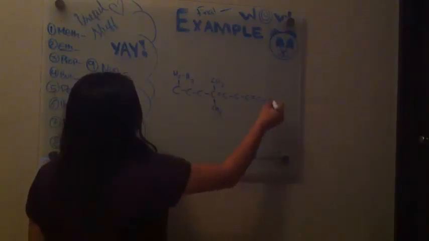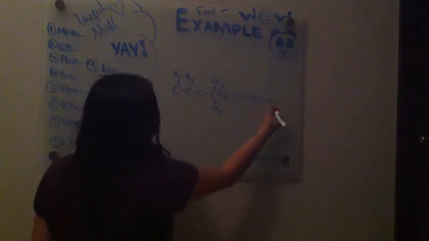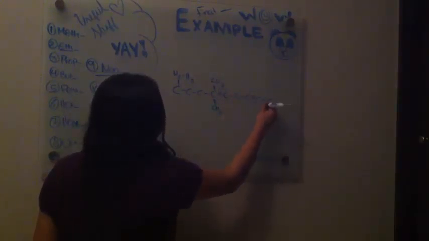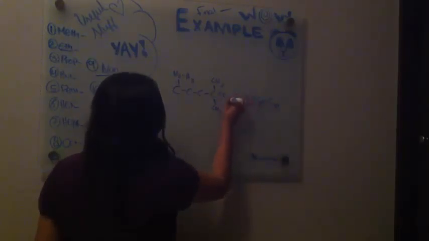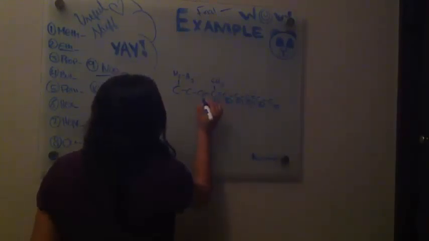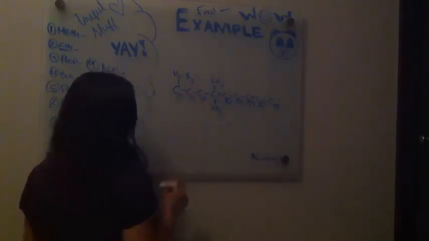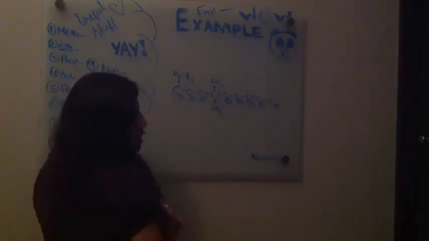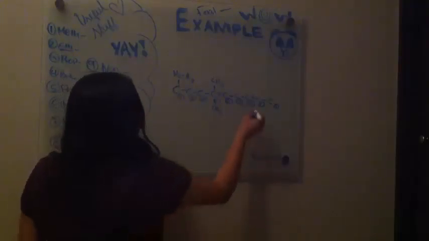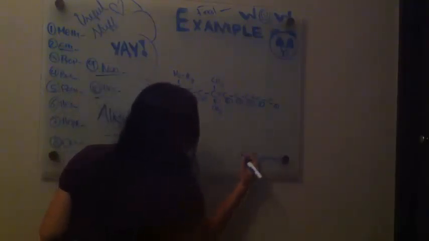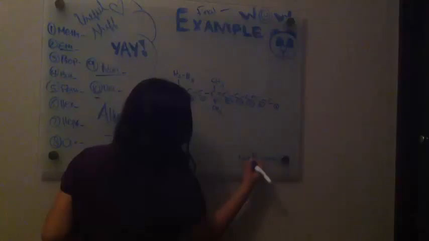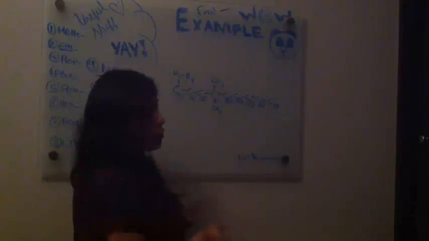So count 1, 2. Okay, in the number 2. So we put 1, 2, 3, 4, 5, 6, 7, 8, and 9. Okay, where is our double bond? In 3 and 6. So we put 3,6 hyphen non. Okay, we have already our double bonds.